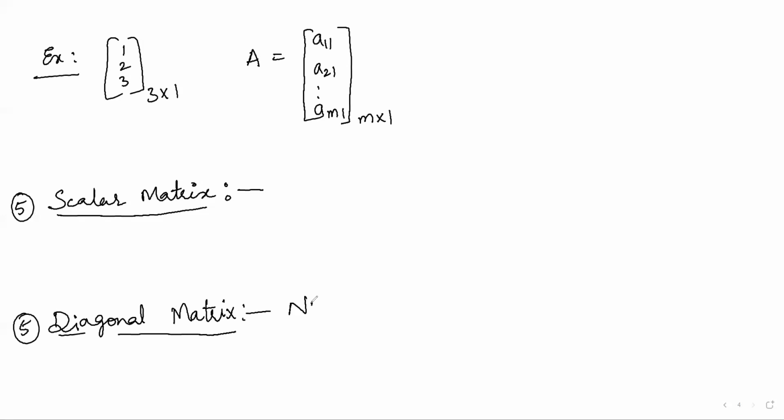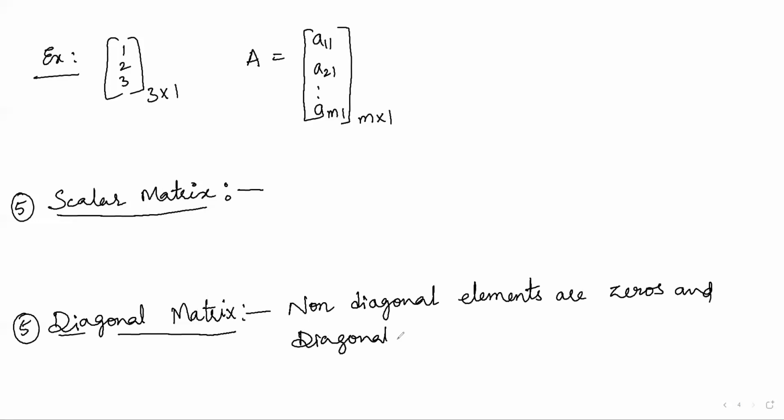Diagonal matrix means the non-diagonal elements are zeros, and the diagonal elements can be any real numbers.